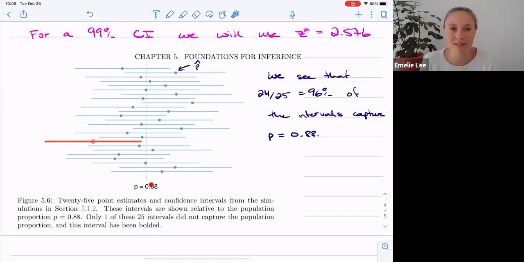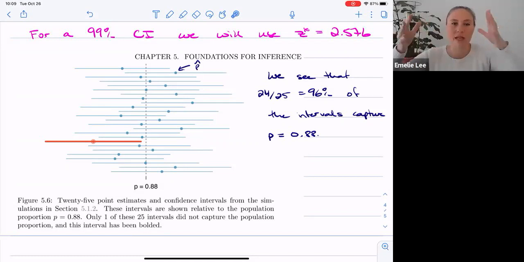The parameter is just a general term for a measurement from the population. In general, what we're trying to do is capture the parameter. So I'm 95% confident that this interval captures the parameter, because we don't know what the parameter is.